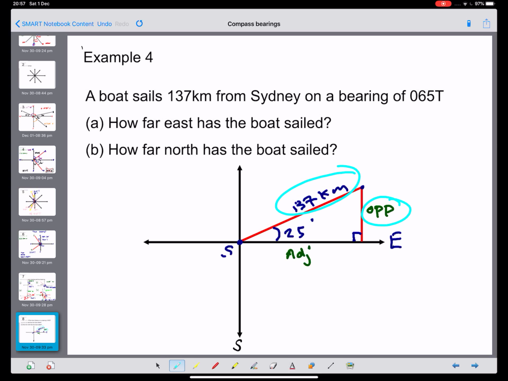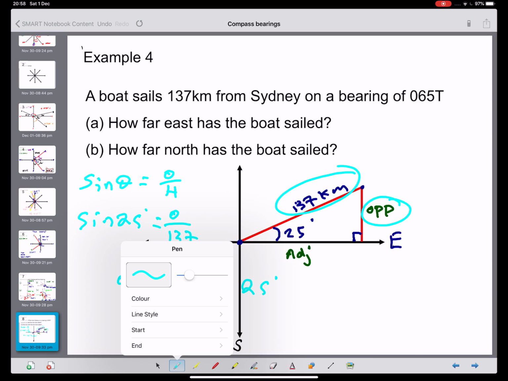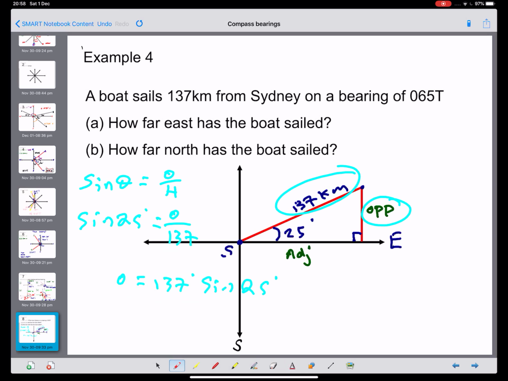We know that is the sine ratio. Sine theta is opposite over hypotenuse. Let's fill it in. Sine 25 degrees equals opposite over hypotenuse, which is 137. So the opposite is 137 sine 25. We get that by multiplying both sides by 137.